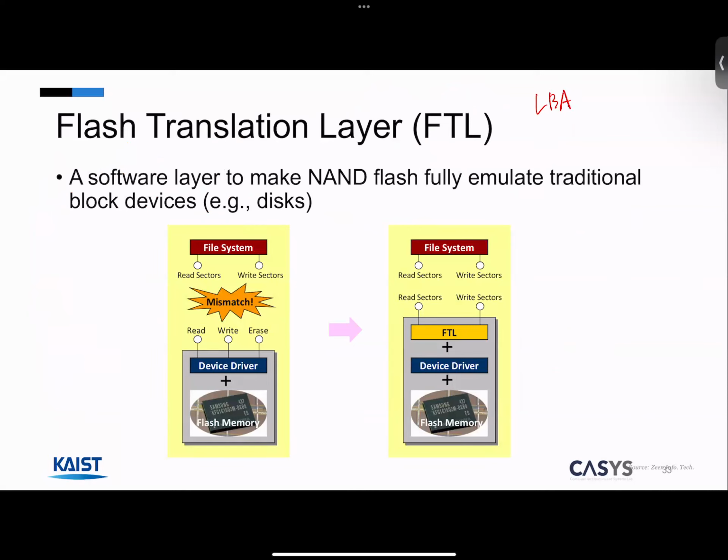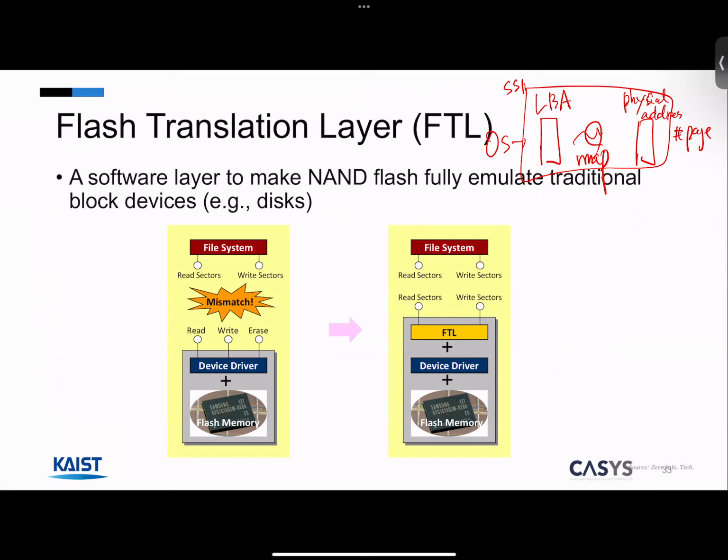So the OS can see the SSD as an LBA space, and this LBA location is translated to the actual physical address, a.k.a. the page number. So this mapping is required for LBA to physical.